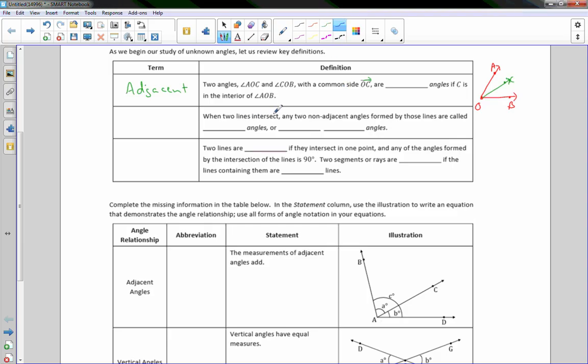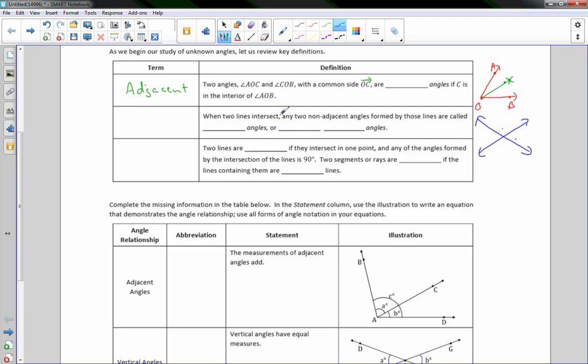when two lines intersect, any two non-adjacent angles formed by those lines are called blank angles or blank angles. So if I have this line right here, and then I have another line right here, we have this angle and this angle that are adjacent.